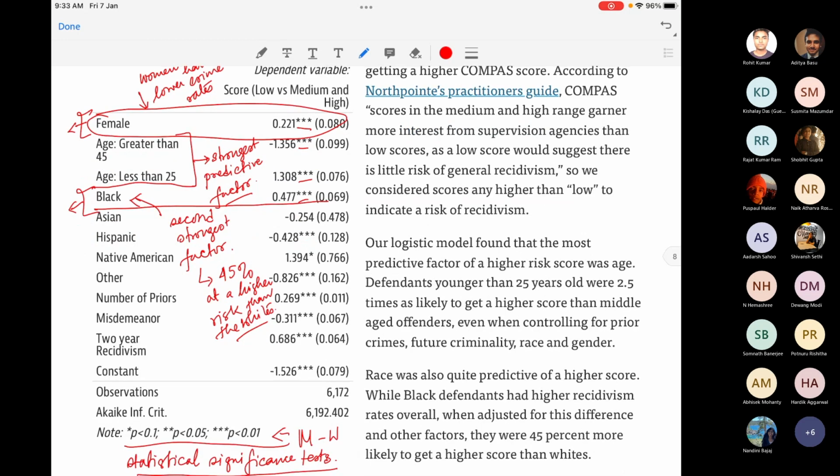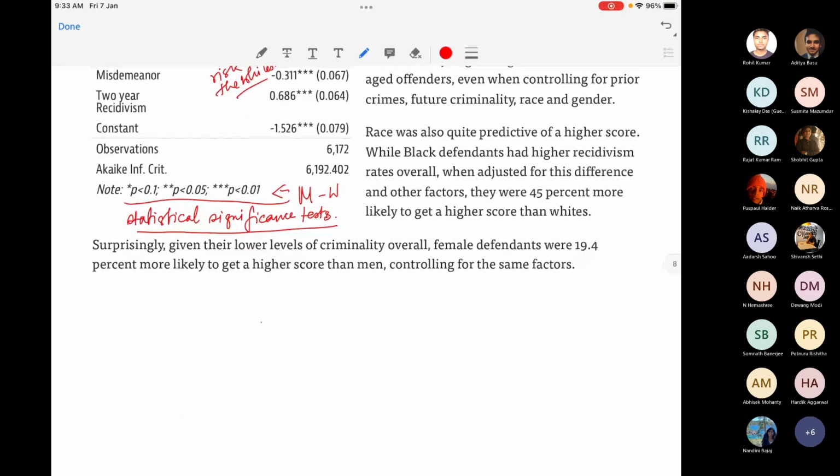Especially when you combine race and gender, in this case black female, the situation in the US is extremely bleak.